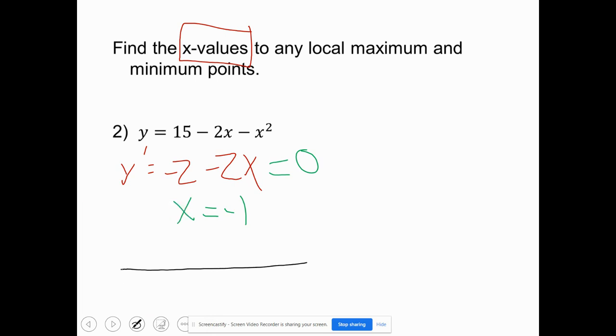Now we're going to create our wiggle graph. This is the second step. -1 has to go on there. We are testing for slopes. So this is a wiggle graph for y prime.